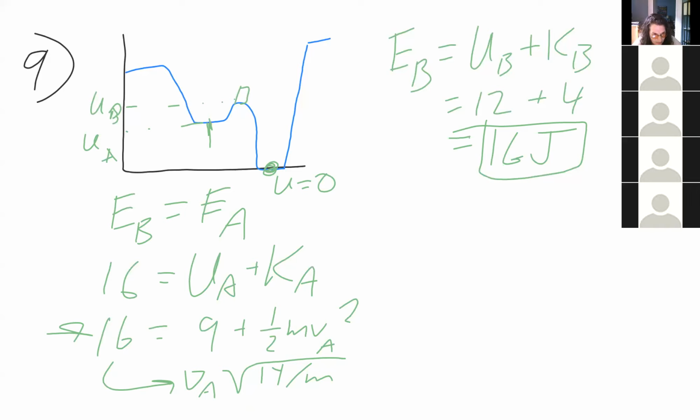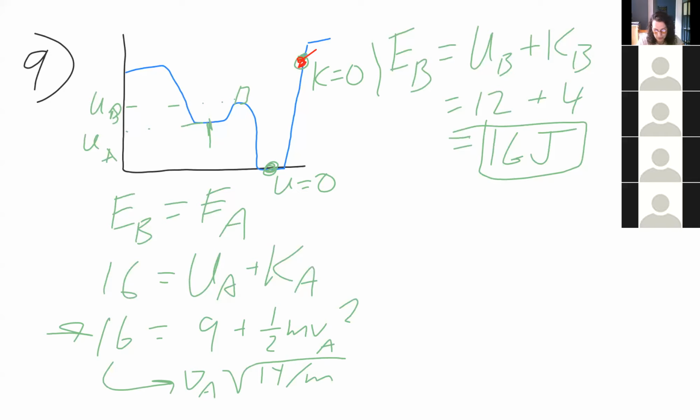I'll do the right side, but you could do the left side as well. It's going to try to climb the hill, hit its maximum height, and then come back down. So the turning point would be wherever your kinetic energy is 0, wherever your speed is 0. In other words, it's just a max height problem.